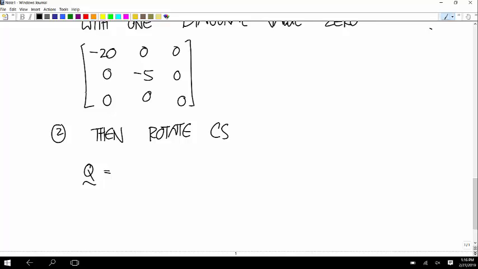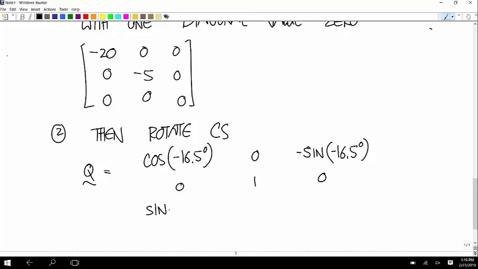It doesn't have to anyways, because I could rotate about the y-axis in this case, and it would look like cosine of -16.5 degrees, 0, negative sine of -16.5 degrees, 0, 1, 0, sine of -16.5 degrees, 0, cosine of -16.5 degrees.